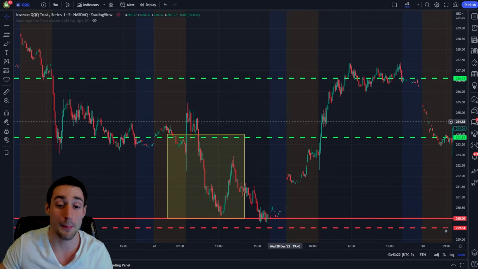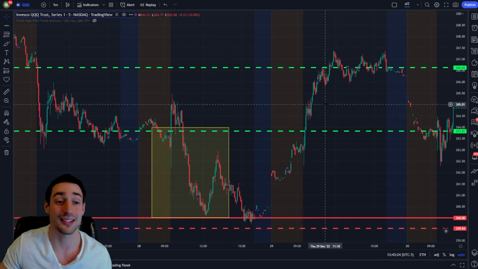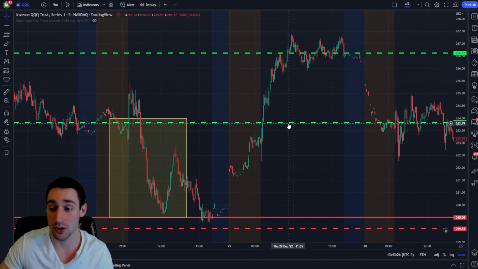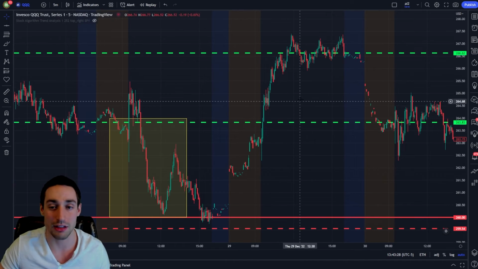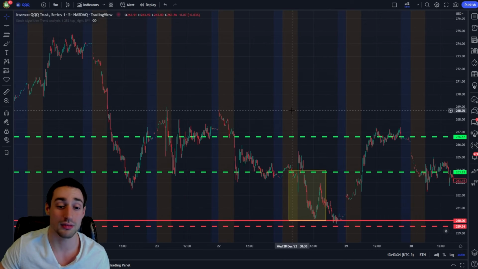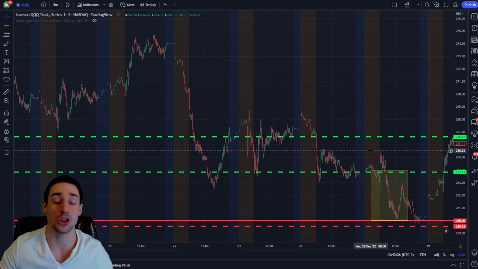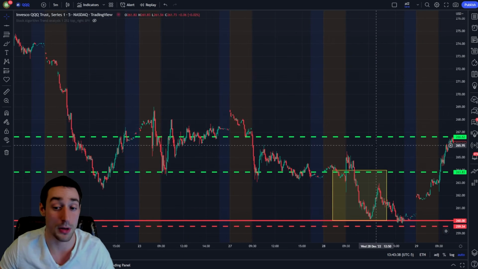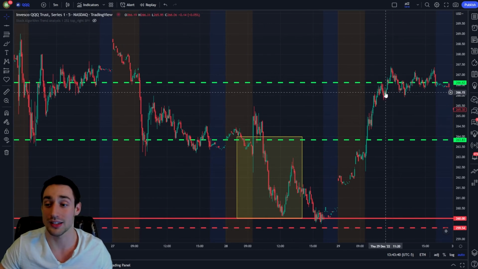Another example is if you were trying to scale out. Your first profit target was around 263.83, and your second profit target was around 266.65. You might have seen resistance around the $267 area, but you put your profit target at 266.62.